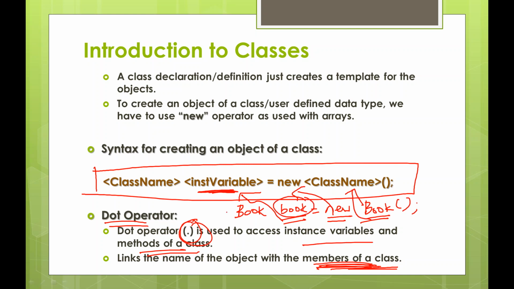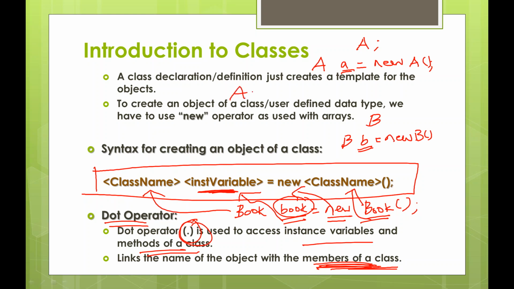Say I have a class by the name A. If I want to create an object of A, I will say A a is equal to new A. If you have a class B, B b is equal to new B. It need not be A or B.